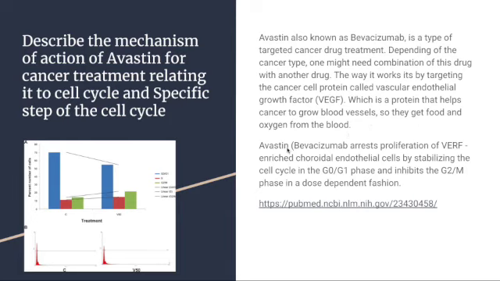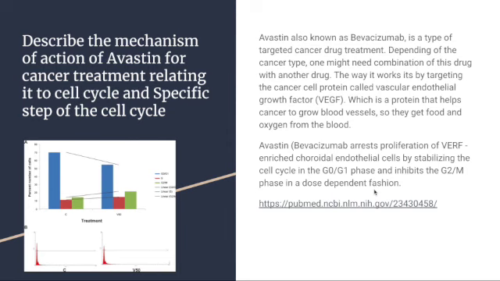Avastin arrests proliferation of VEGF-enriched choroidal endothelial cells by stabilizing the cell cycle in the G0 and G1 phase and inhibits the G2/M phase in a dose-dependent fashion.